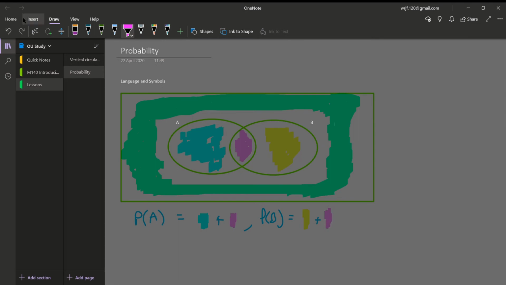So if we talk about A, we're not really thinking about whether something else might have happened as well or anything like that. It's just the case that A has happened, so I need to be including everything that's within the A oval shape.